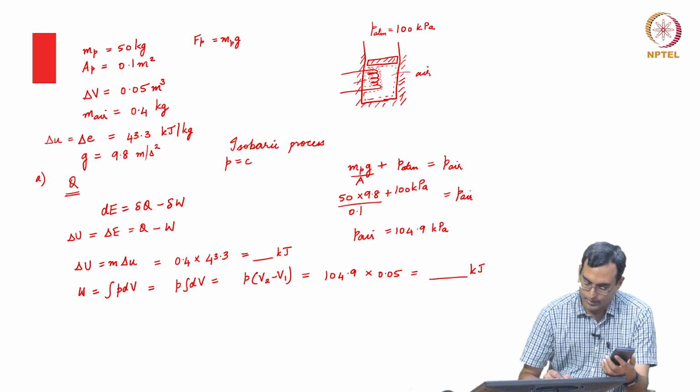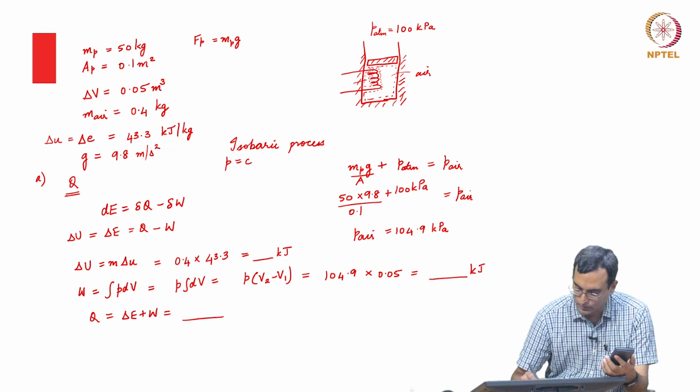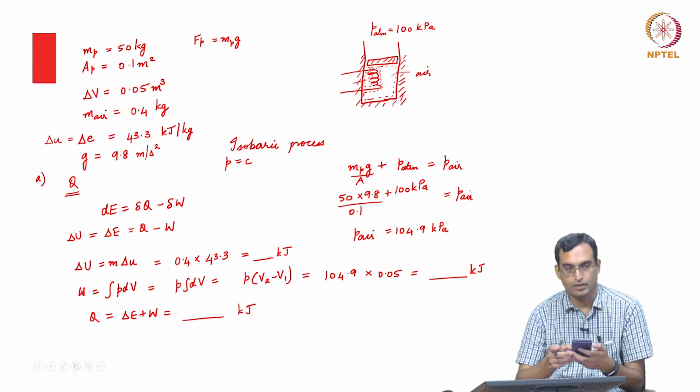Knowing these two, I can find out Q. So Q is essentially delta E plus W, and I'll get some value in kilojoules. Let me just find out these values quickly.